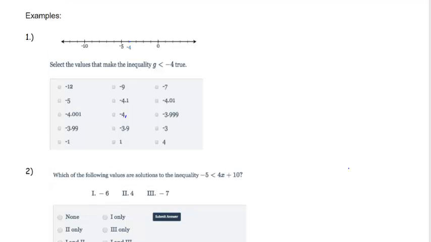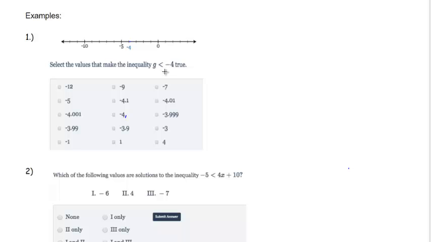Okay, so we have some Delta Math examples here. Remember that number lines are very good for helping us with inequalities, especially if we have an infinite number of things, we can shade on them. But for right now, we're just going to go through a list of things. We're going to see which of these values make this inequality true. If I plug -12 in here for G, is -12 the smaller of those 2 numbers, or is -4 the bigger?